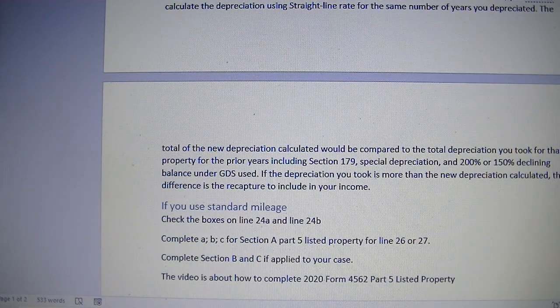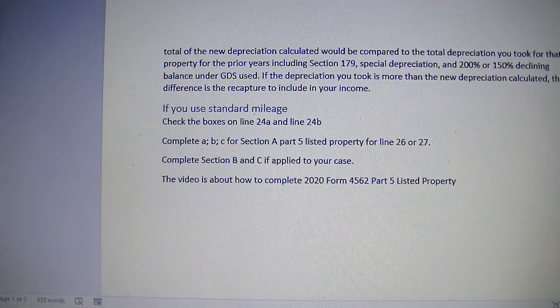But if you took it out early, then you will have a recapture. If you don't use it in your business for the full number of years that you're supposed to, for those assets you claimed section 179 and expensed in full the first year, you'll have a recapture to put back in your income. So keep that in mind.